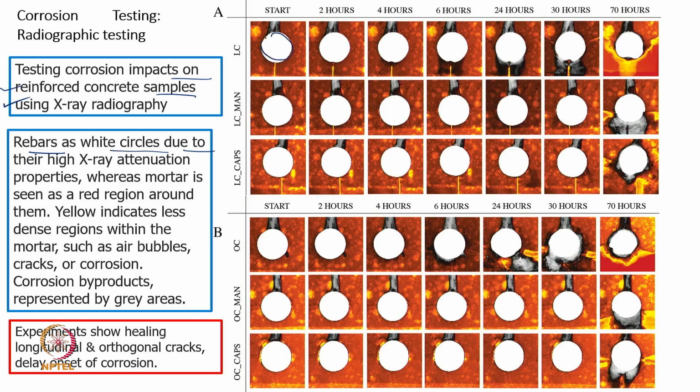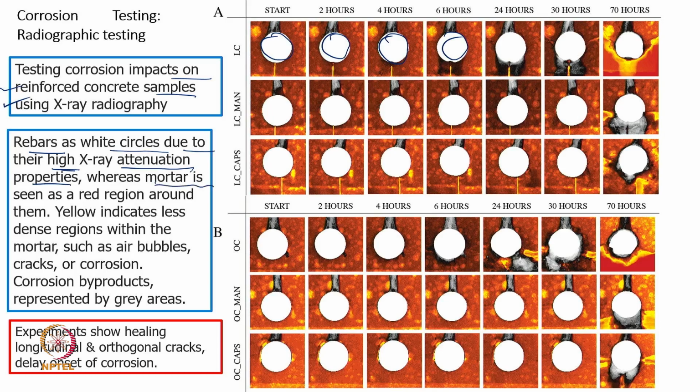All these white circles you are able to see are the reinforcement or rebars, because of their high X-ray attenuation properties against the X-rays. Nearby, you will be able to see the mortar.